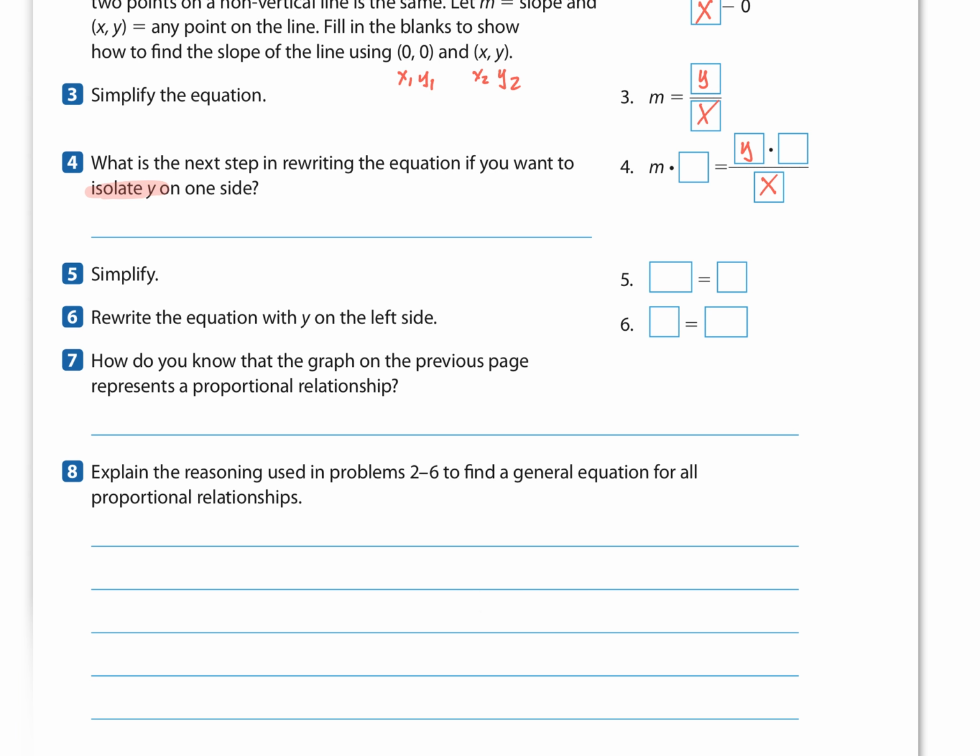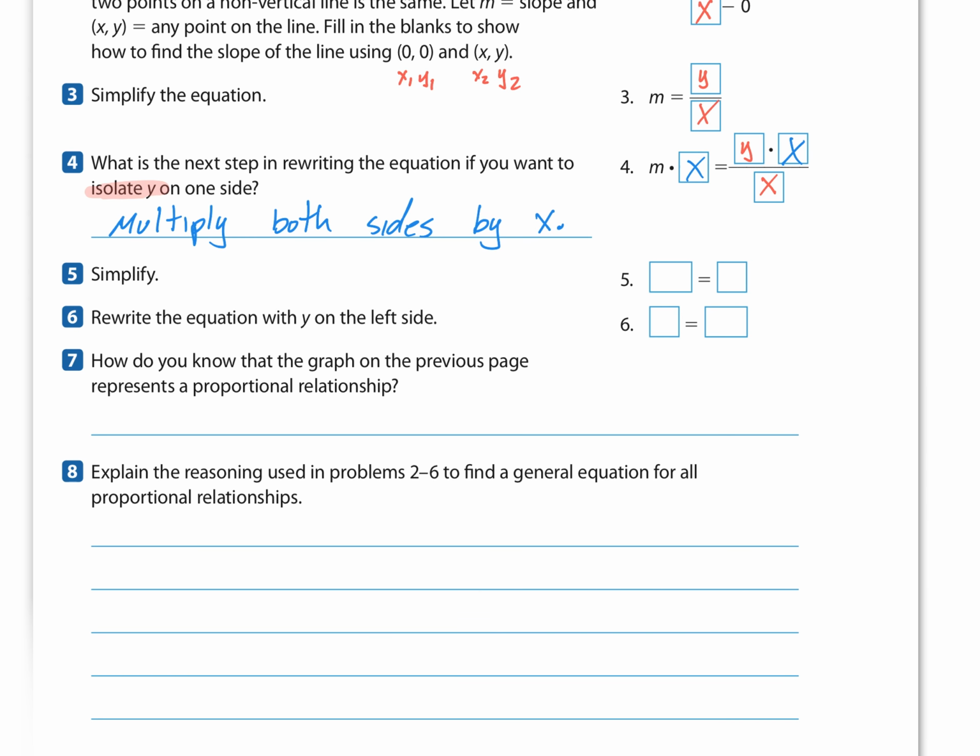Multiply by x. Okay, you need to multiply by x. So we are going to multiply both sides by x. And that's what we're writing now. Multiplying both sides by x. For the fifth step, it tells you to simplify.